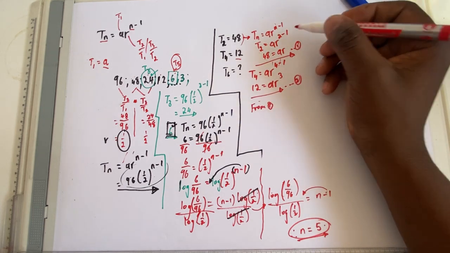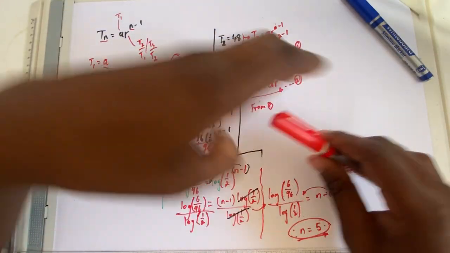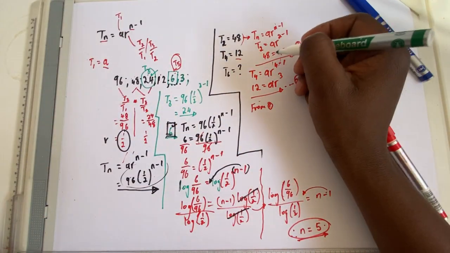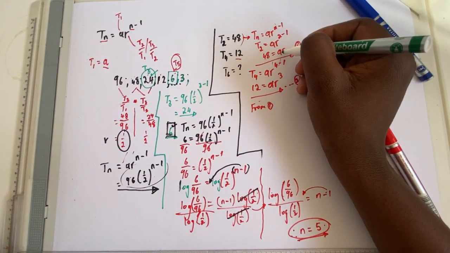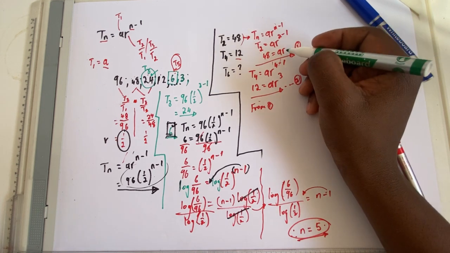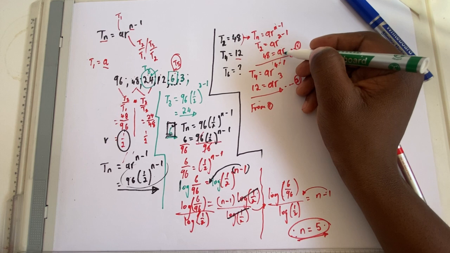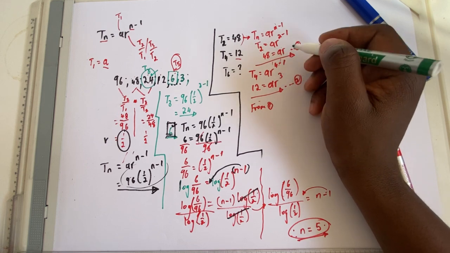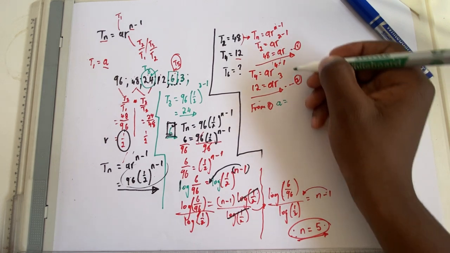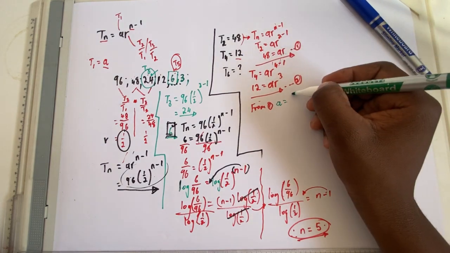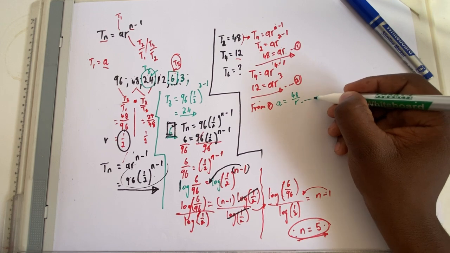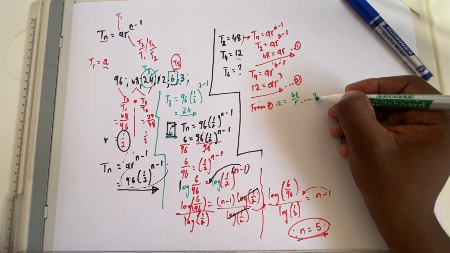On equation 1, we have 48 equated to Ar. I want to make a the subject of the formula, so I'll divide both sides by r. So a will be equated to 48 divided by r. This will be my equation 3.